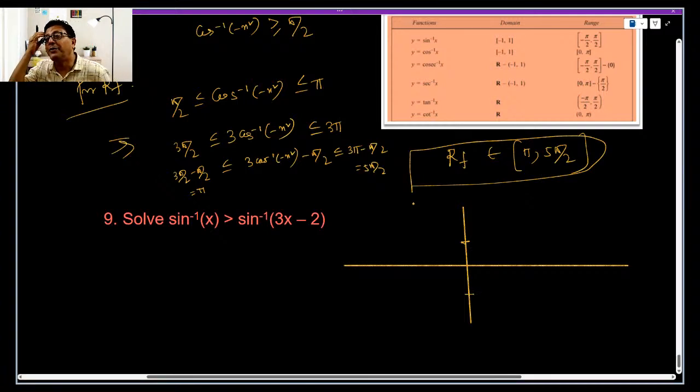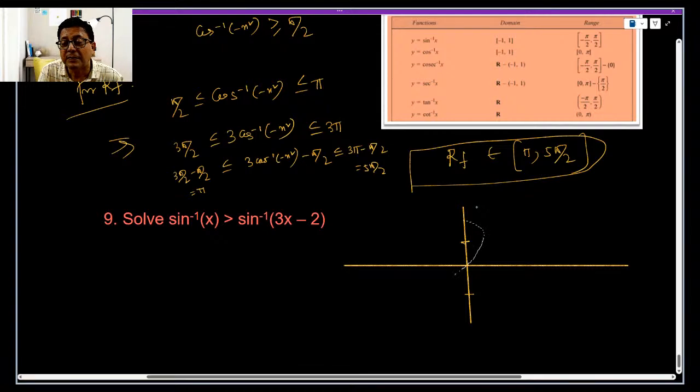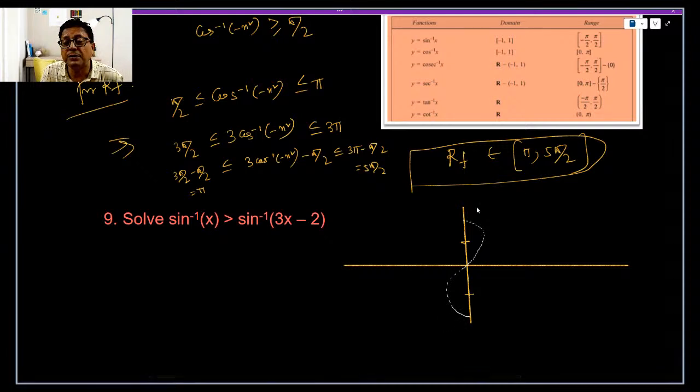We can draw it quickly just by setting the values minus pi by 2 to pi by 2 along the y-axis. So this is going to be like this. You agree with me? Now I am going to delete this portion.